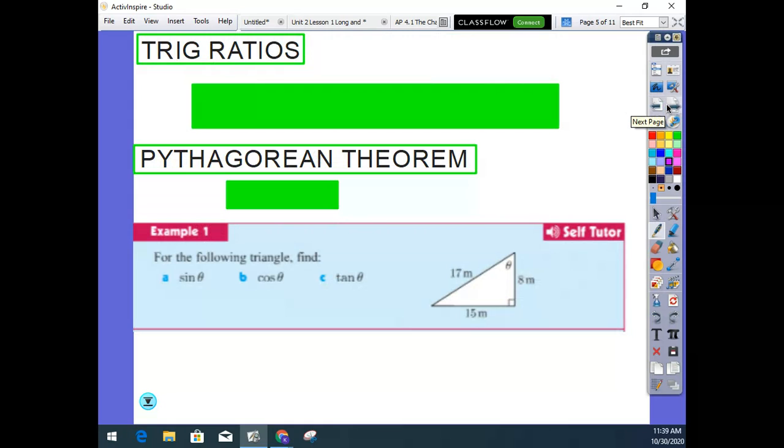Now, how do you remember your trig ratios? Sine, cosine, tangent. Typically, we teach you SOH CAH TOA, because we use sine, cosine, tangent: opposite over hypotenuse, adjacent over hypotenuse, opposite over adjacent.